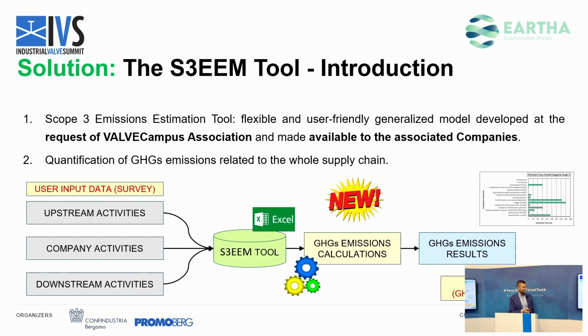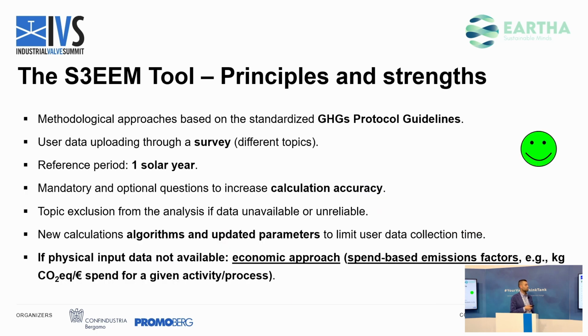All these data and information are then processed by the tool, which is in its current version an Excel tool, which allows the calculation of greenhouse gases emissions considering the whole supply chain, providing results in terms of categories and aggregation into different scopes.